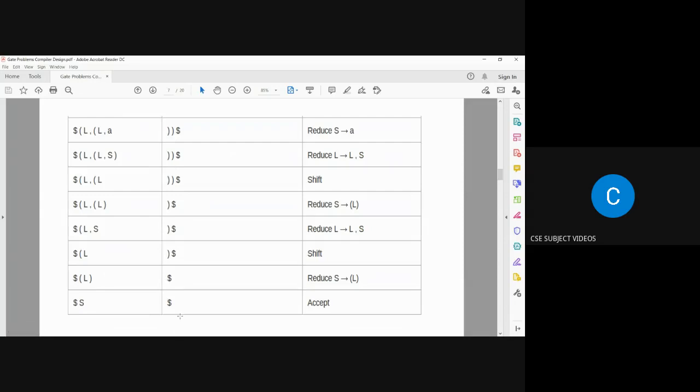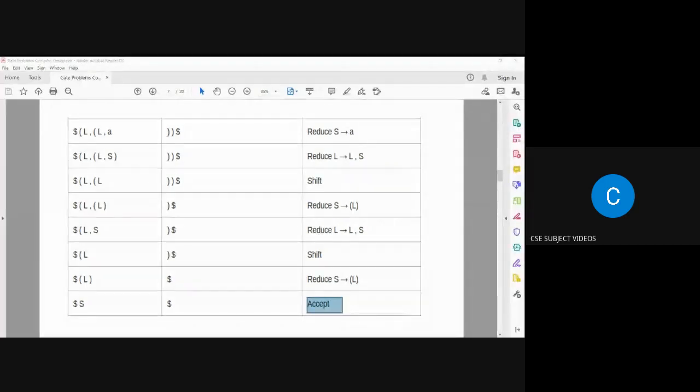So the input buffer has only $, and the top of the stack has only the starting symbol. So like this, our input string is successfully parsed by the shift reduce parser. So, accept condition. Clear? Okay.